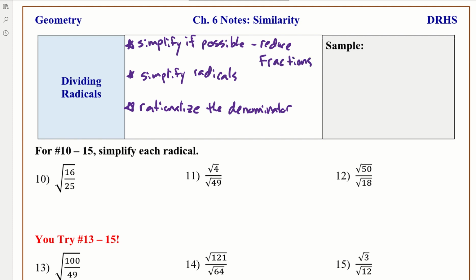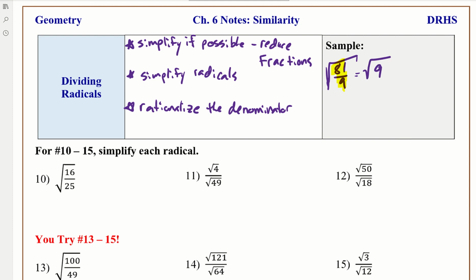Okay, so for example, I'm bad at making up examples. So I don't know, maybe I have the square root of 81 over 9. I do see that this fraction right here can simplify, so I'm going to go ahead and do that first if I ever can. 81 divided by 9, well, that's just 9.